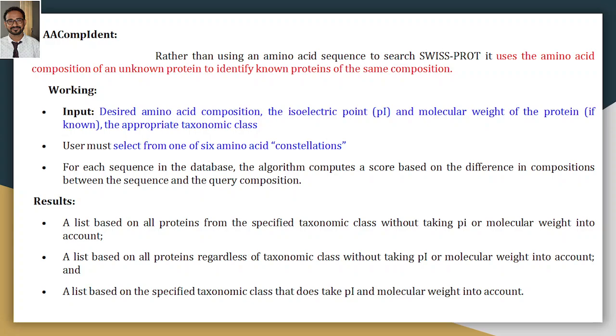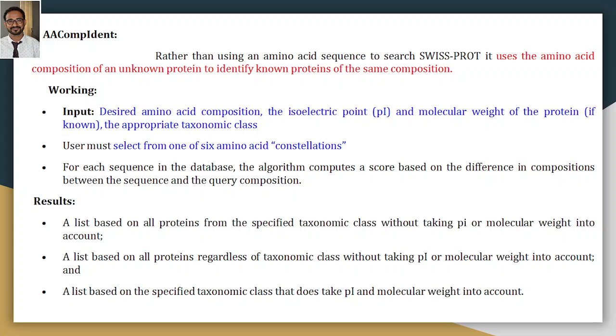What will the results contain? A list of all the proteins regardless of taxonomic class, without taking pI or molecular weight into account, and then a list based on the specified taxonomic class that does take pI and molecular weight into account.